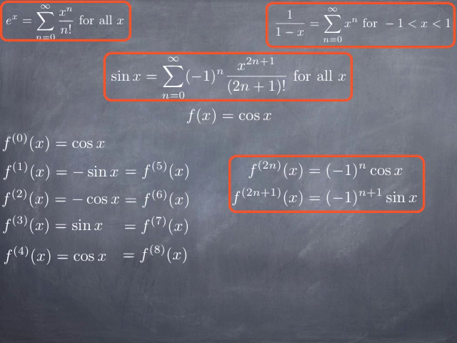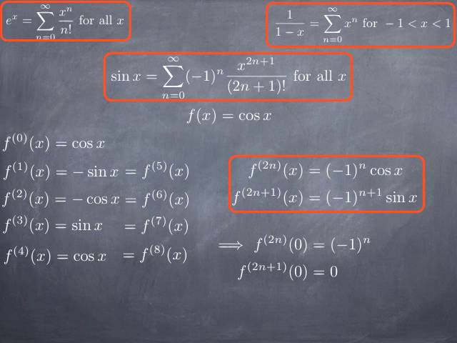So, because we're looking at the Maclaurin series, we're going to plug in x equals 0. That means that for the derivatives of even order, we get -1 to the n times cosine 0, which is 1, while for the derivatives of odd order, we plug in x equals 0, we multiply by sine 0, which is 0.